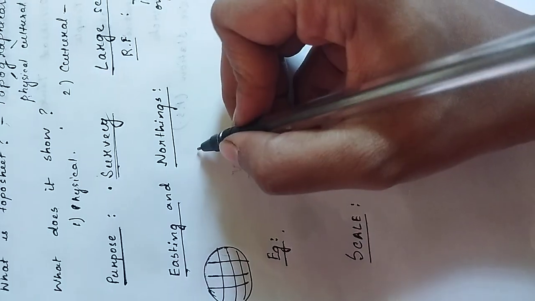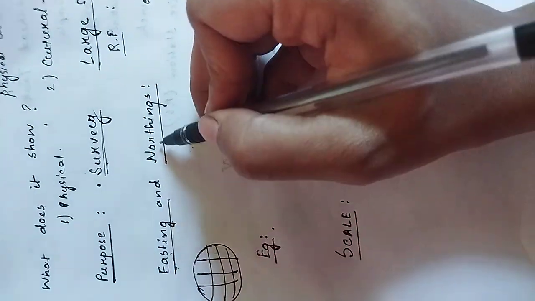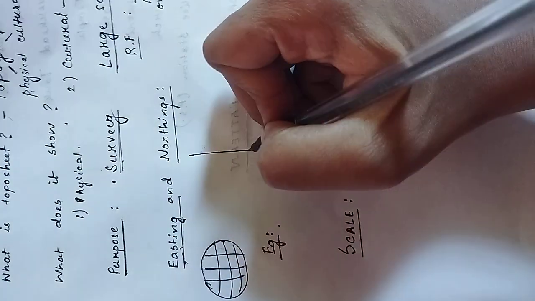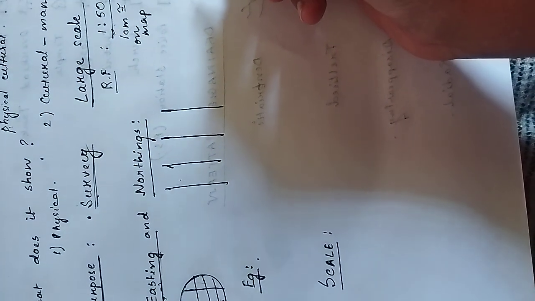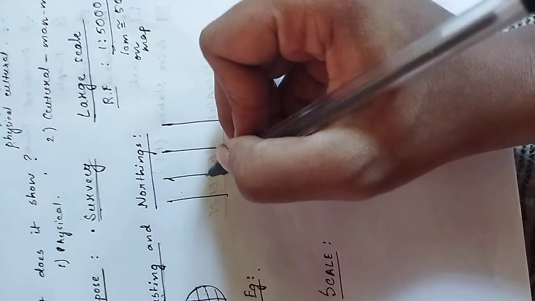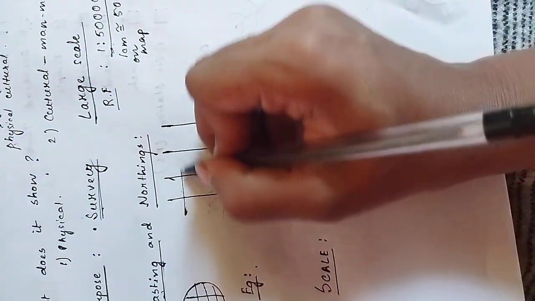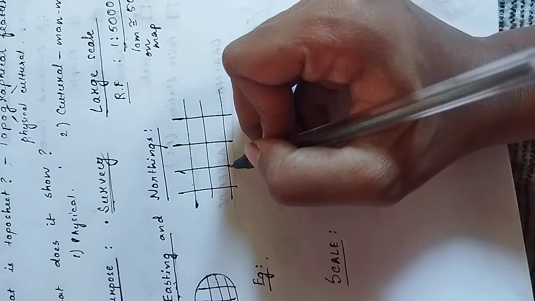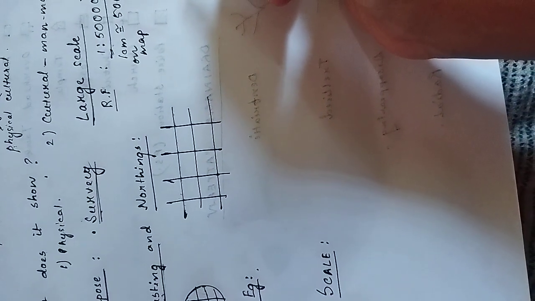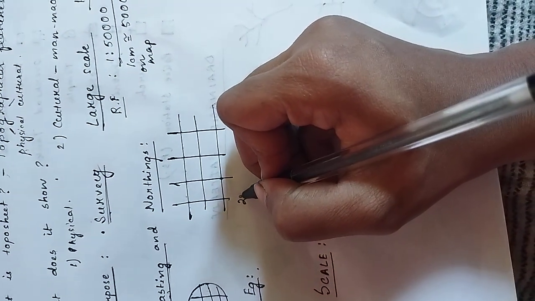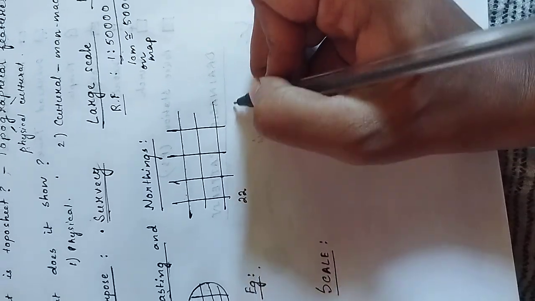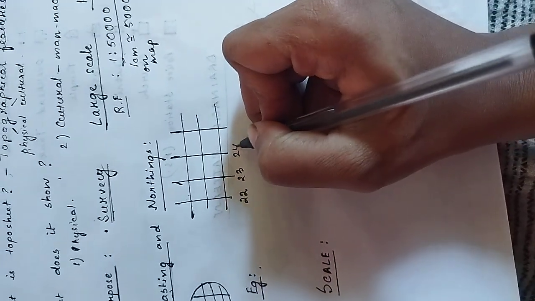Here in the map also there are values of eastings and northings. There are some vertical lines like this, which show the eastings, like the longitudinal value, and some horizontal lines like this which show the northings. There are specific values for these. If I write 22, it increases on the right side: 23, 24, 25.